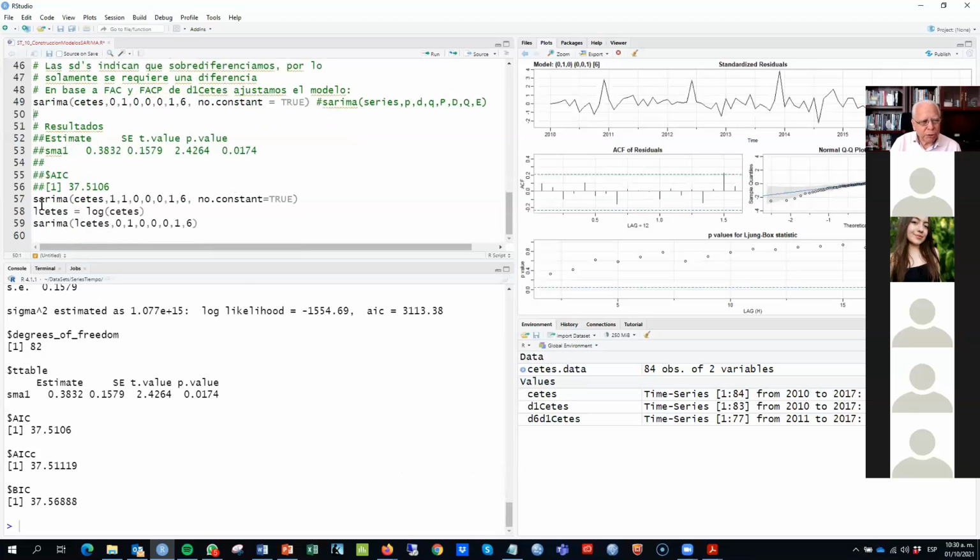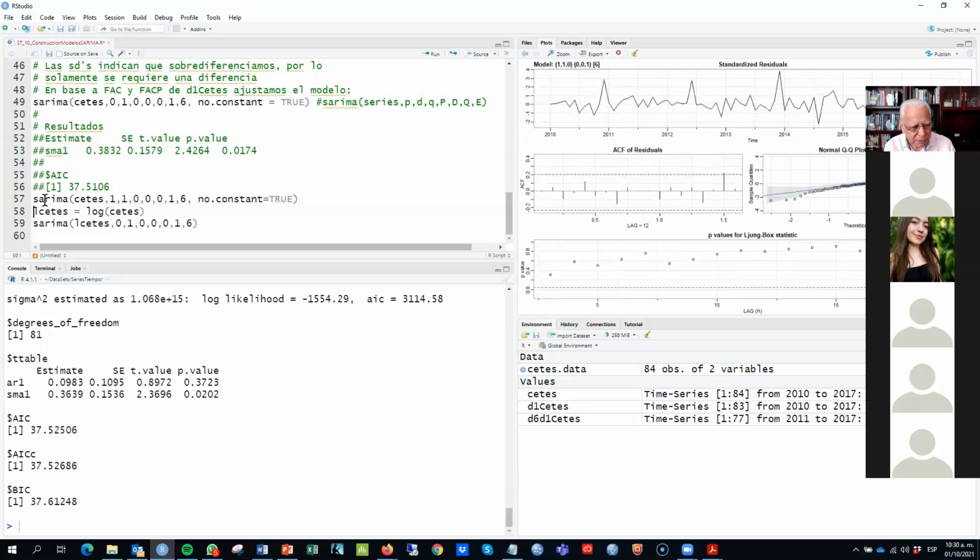And if I were to fit an autoregressive term here for the series, look at what happened. Suppose that I started assuming that I had one non-seasonal autoregressive term. Then it would not be significant.